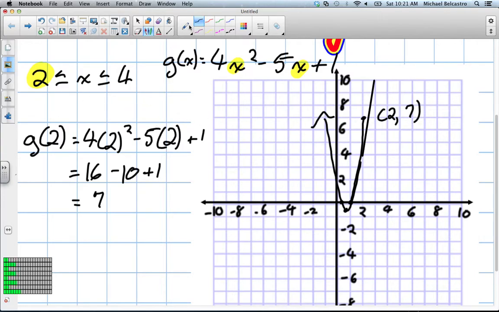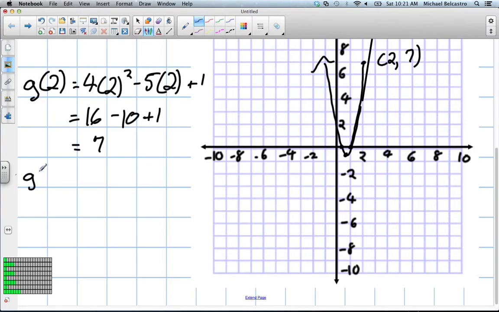And then we're looking for the same idea, except 4, and we're plugging it into the equation. So that's going to give us g at 4. Exact same idea. 4 times 4 squared minus 5 times 4 plus 1. All right, 4 squared is 16. Do you know what 16 times 4 is? Let me give you a hint. 16 times 4.